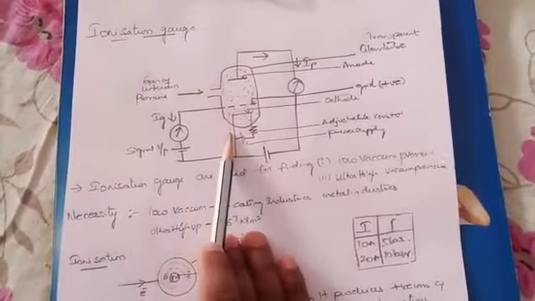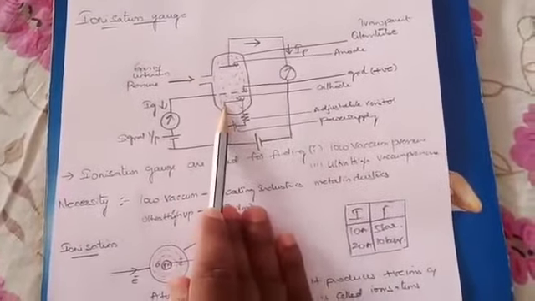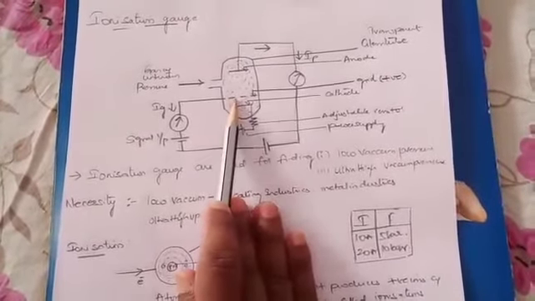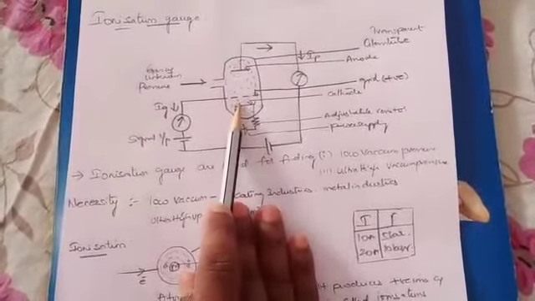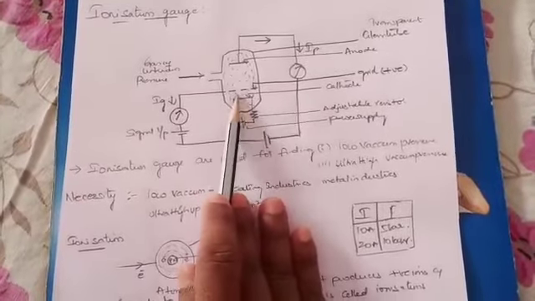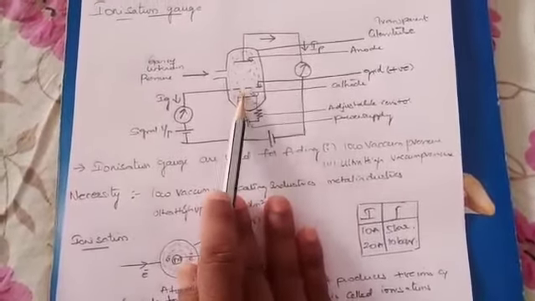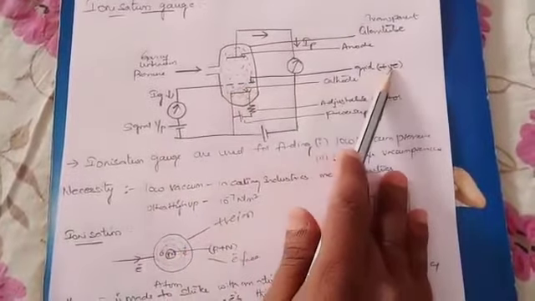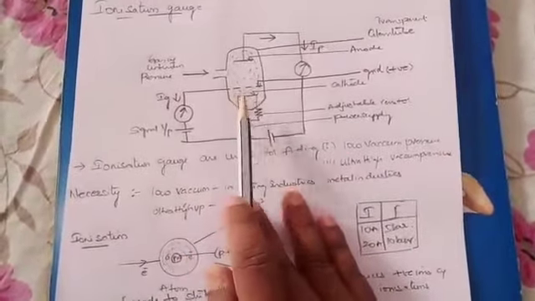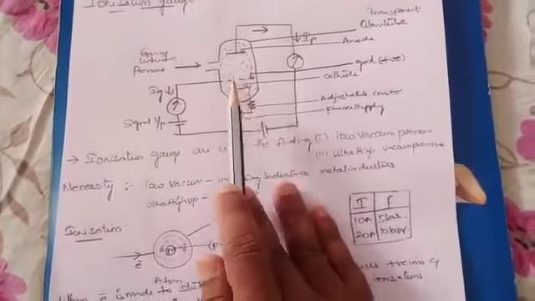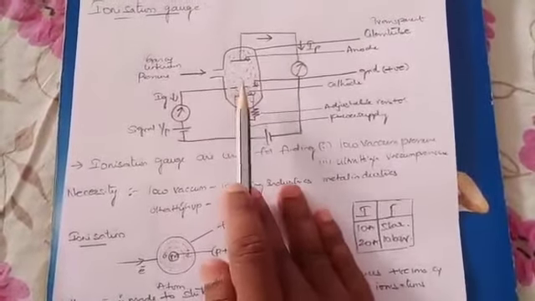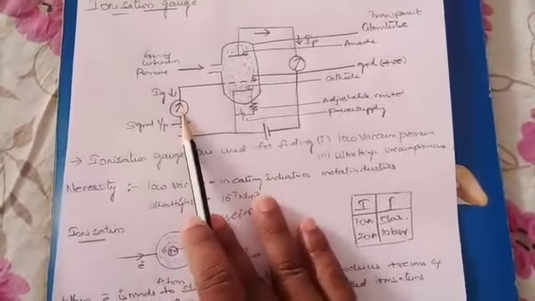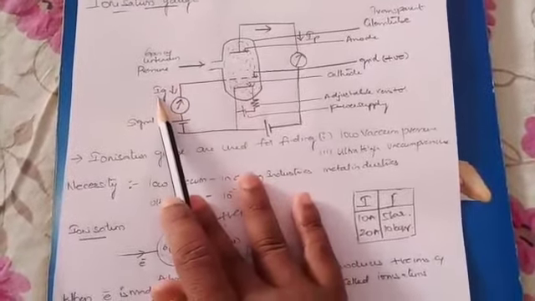Whenever power supply is given to this cathode, the filament of the cathode gets heated up, and after heating up it starts liberating electrons. Those electrons liberated from the cathode are negatively charged, and above the cathode we have a grid which is supplied with the positive terminal. So the electrons generated from the cathode get attracted to this grid, and those electrons are sent through this circuit, which measures the grid current.